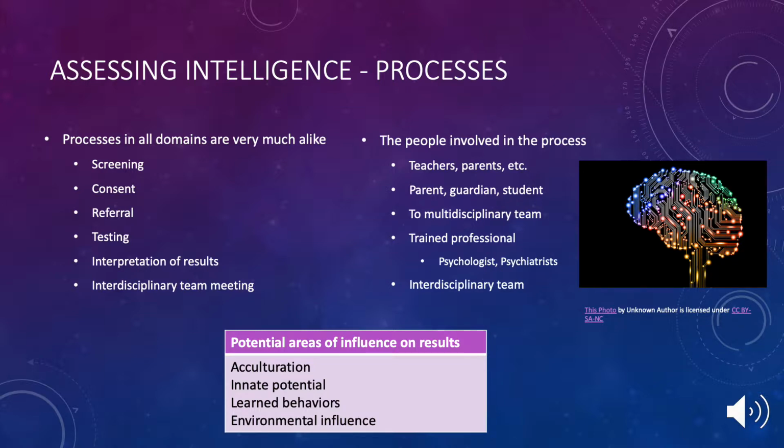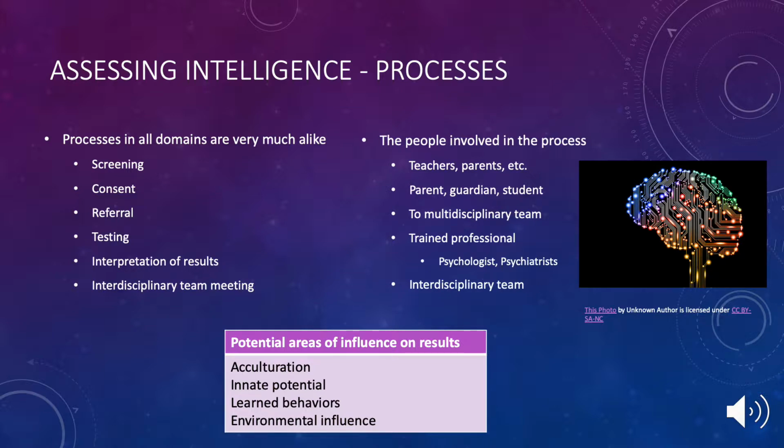The process involving assessing intelligence includes a screening. Usually it's problems noticed by teachers or parents, and then consent's given for formal testing, and then a referral is made to have the testing done.